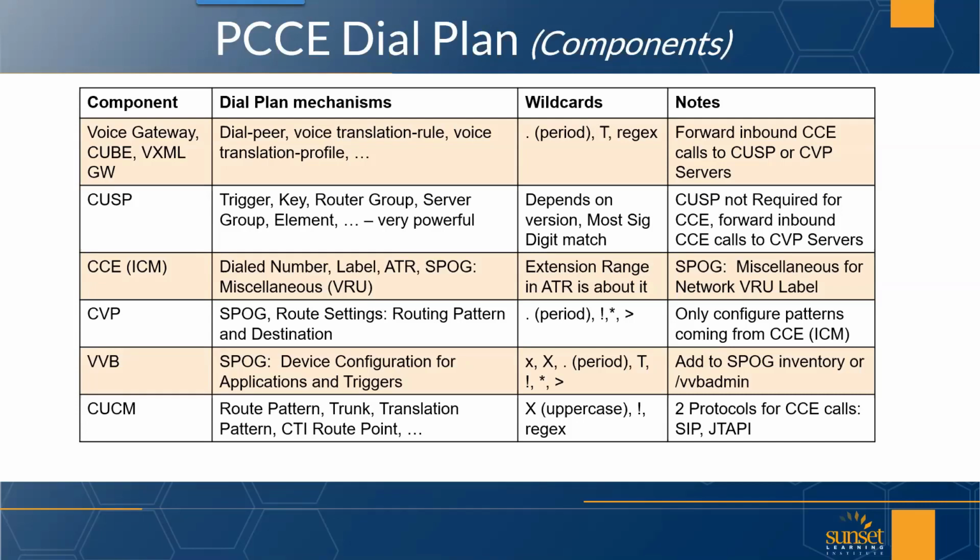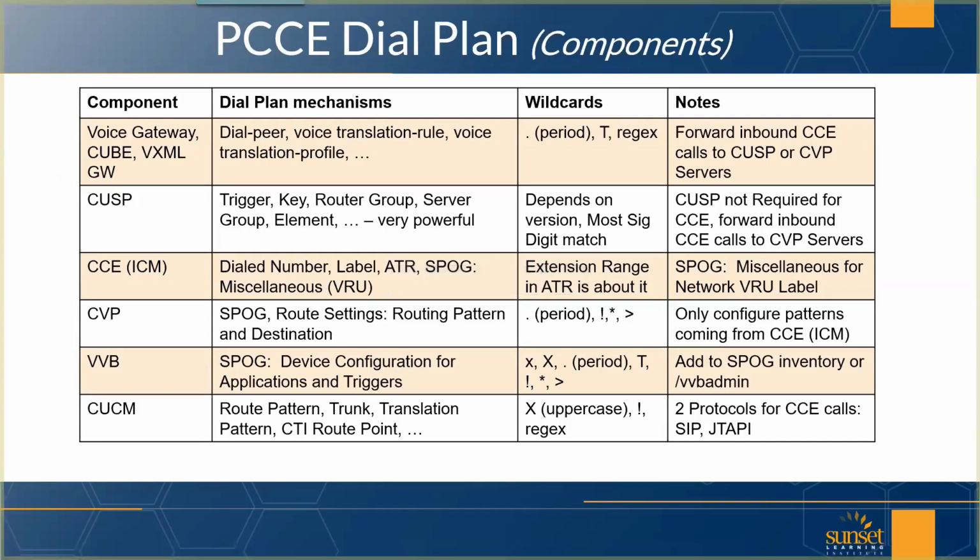You'll see, with a brief perusal of this table, that not only do we have several different components in our solution, but each of them, sadly, supports a different set of wildcards. Wildcards, as we probably know, are important components of any dial plan, which allow us to conveniently select a range of patterns to point to a particular path.